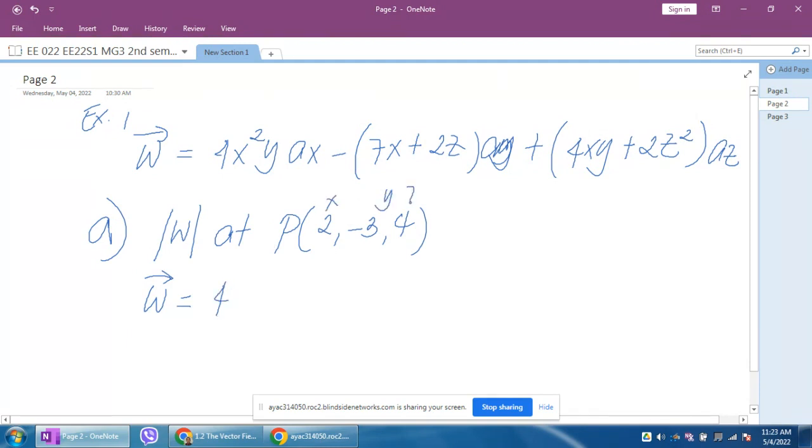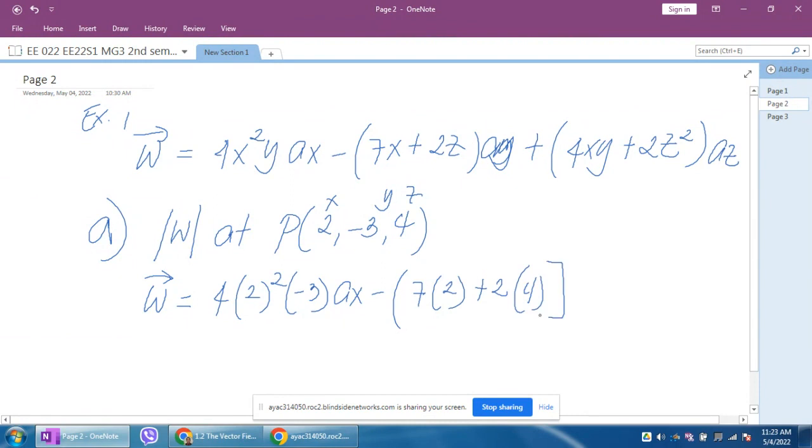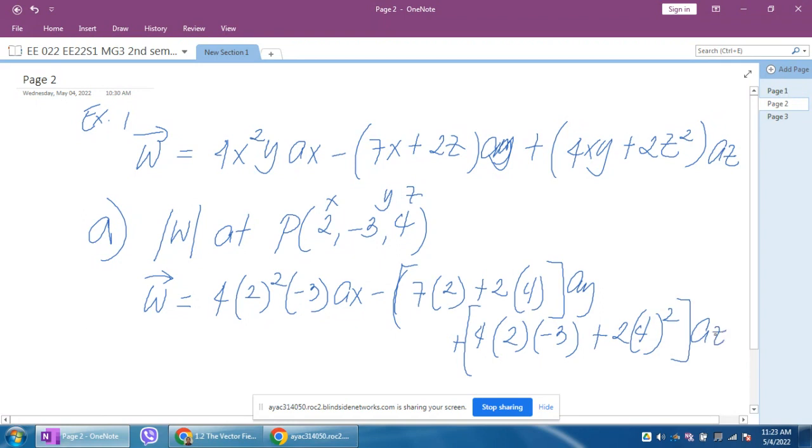X, Y, and Z. So, 4 times 2 squared times -3 ax minus quantity 7 times 2 plus 2 times 4, okay, ay plus 4, 2, -3 plus 2, 4 squared az.